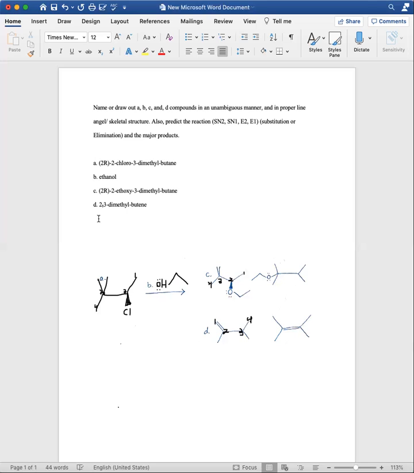As I said before, since we have 2 methyls, the prefix is dimethyl because we have 2 here. And when we have 2 of the same substituent, we separate the numbers with a comma, like here, should be a comma, not a dash.